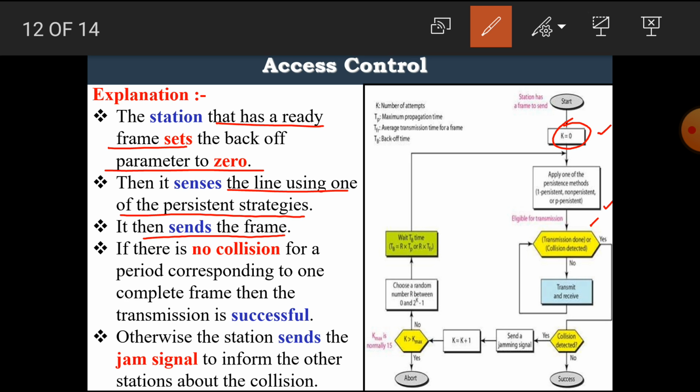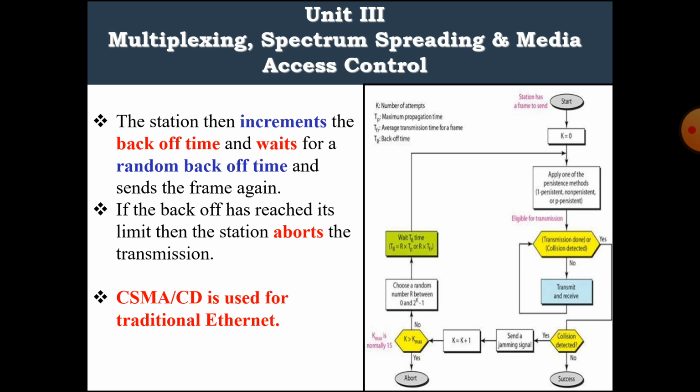Okay. If there is no collision for a period corresponding to one complete frame, then the transmission is successful. That means it senses the channel, and if there is no collision, the transmission is successful. Otherwise, the station sends the jamming signal to inform other stations about the collision.